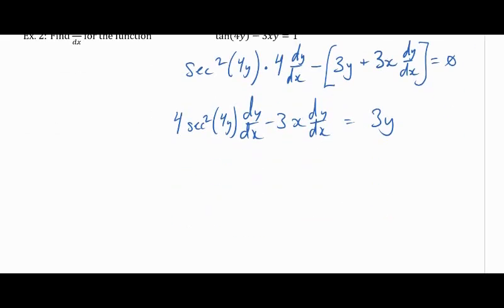Save a step. Common factor the dy by dx out. And then I'm going to divide by that anyway, so I can do that all together. 4 secant squared of 4y minus 3x. And there we go.